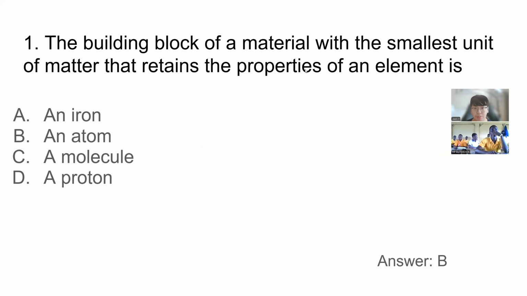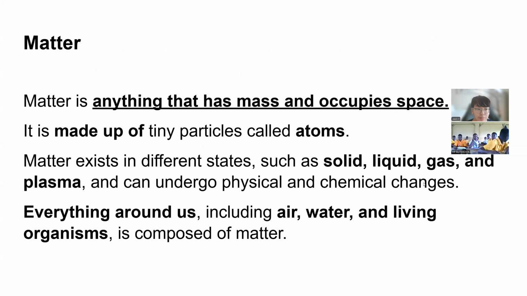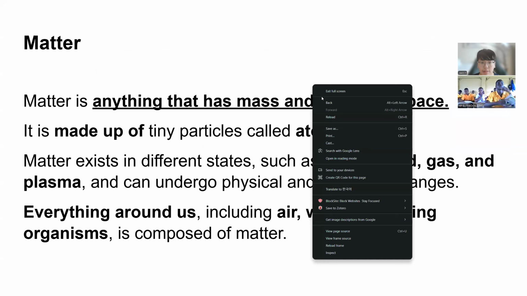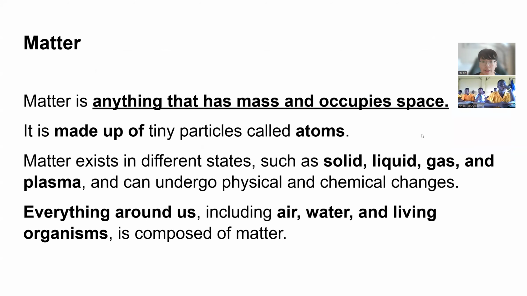The building block of materials, the atom, is the smallest unit of matter. Matter is anything that has mass and takes up space, and it is made up of tiny particles called atoms.